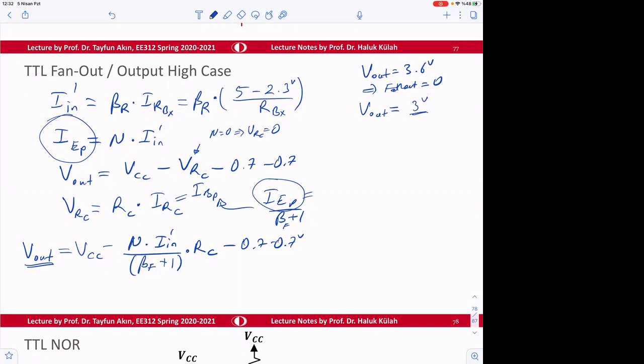If Vout is allowed to drop to 3 volts, then this voltage should be 0.6 volt. So n times IN prime divided by beta F plus 1 times RC should be less than the noise margin, so 0.6 volt.